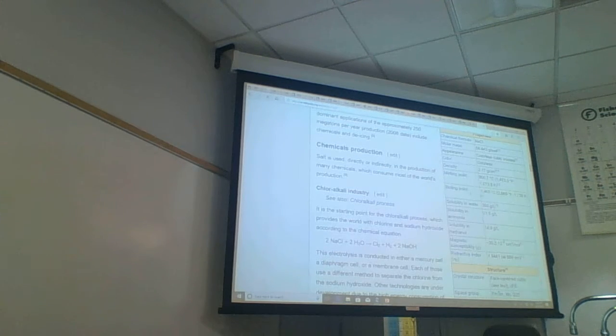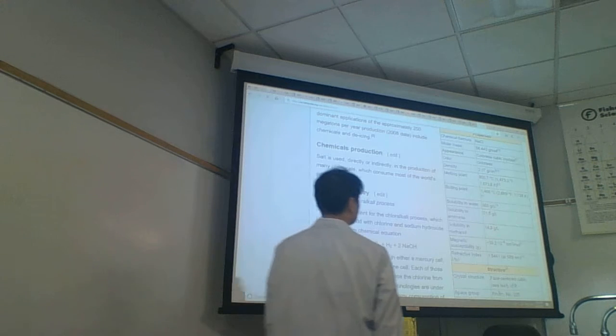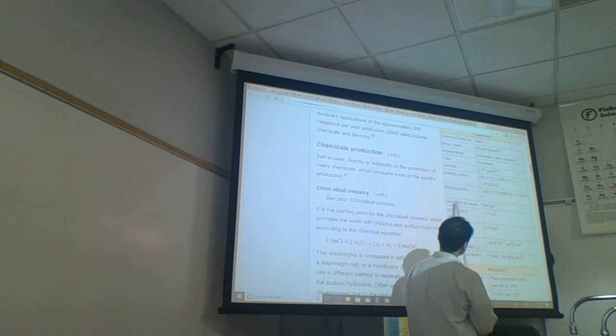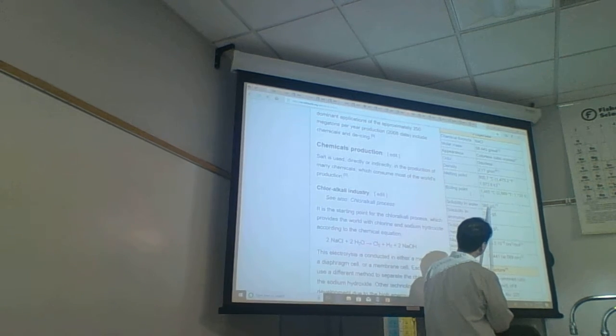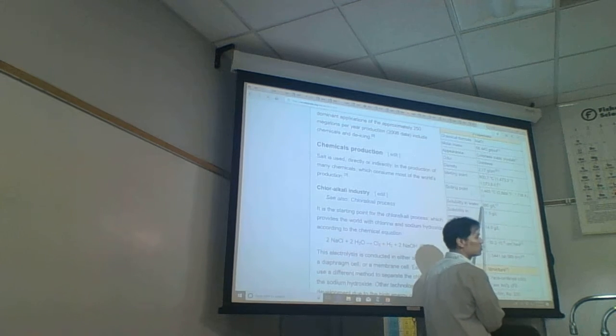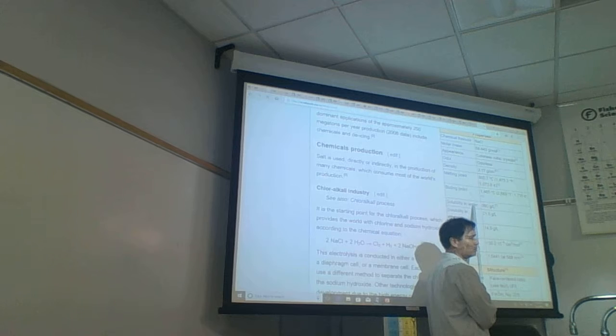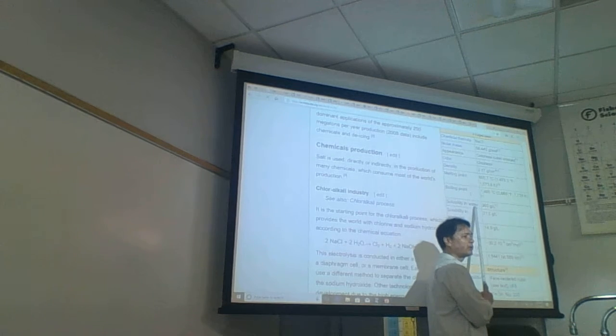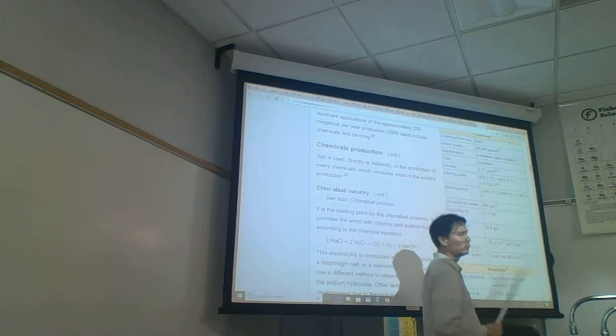Change the units here. All right, so this is soluble. It's 360 grams in a liter. So what that means is it's going to be 36 grams per 100 milliliters. 36 grams per 100 milliliters versus 143 grams.